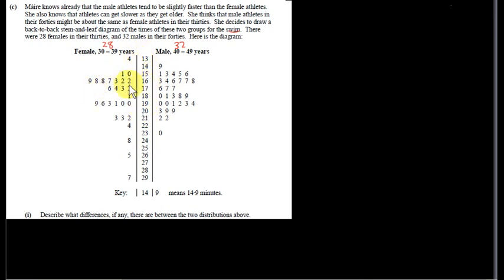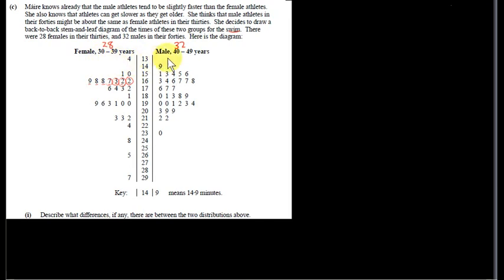So for example, we have 1, 2, 3, 4, 5, 6, 7 females who took between 16 and 17 minutes to complete the swim. So this number here represents a female who took 16.2 minutes. Here's another female who took 16.2 minutes, then 16.3, 16.7, and so on.